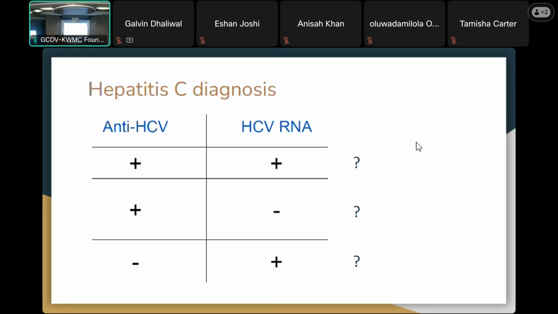What about the second one? Prior infection, resolved infection, or a false positive. Forget about the false positive, but yes, prior infection, they're immune to it. You don't have to worry about it. What about the last one?